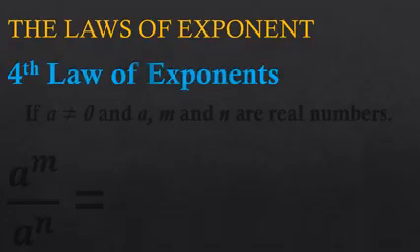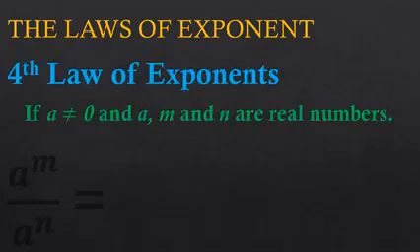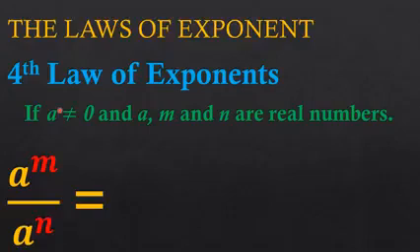Last law of exponent, if a is not equal to 0, and m and n are real numbers, take note that a must not be equal to 0. By fourth law of exponent, we have a raised to the mth power divided by a raised to the nth power.